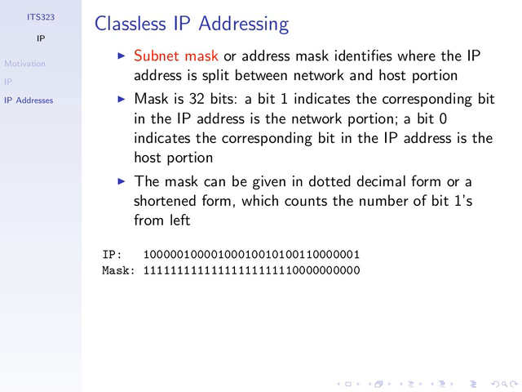So in different networks in our internet, we may use different subnet masks. That is, have this split between the network and host portion at different positions in the IP address. We'll talk a little bit about how we choose the subnet mask. It's in fact assigned to us. But first we'll just explain the concepts.